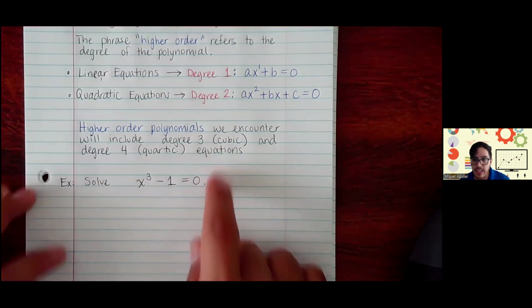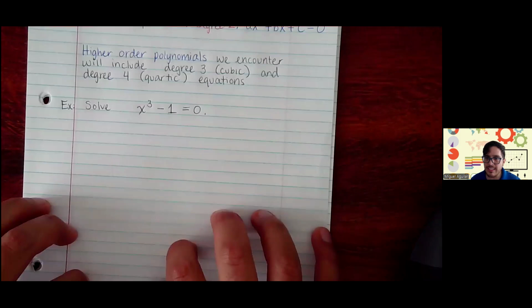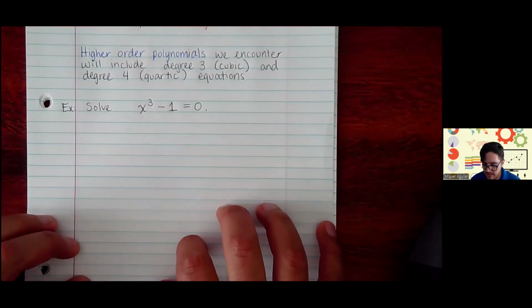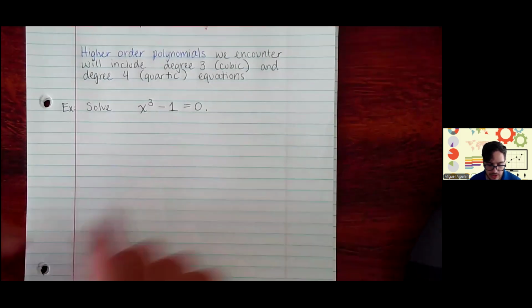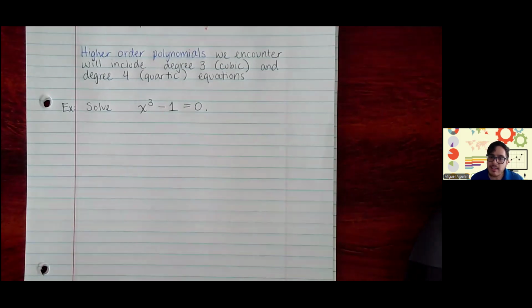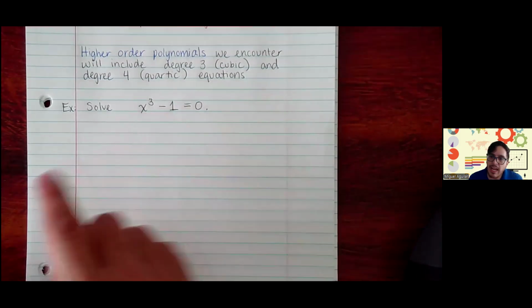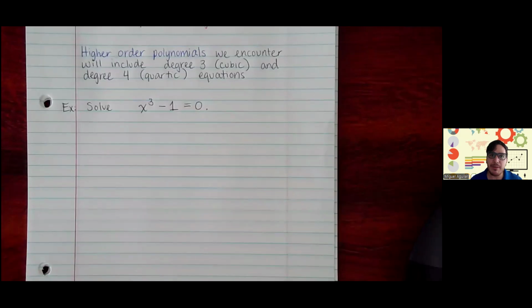So diving right in, if we needed to solve a cubic polynomial equation, we might think that this is a new type of thing that we've never seen before. We don't know how to deal with the third power here on the x. But actually, we've learned a few techniques in previous lectures that are going to help us out here.